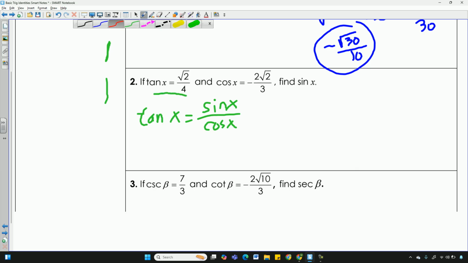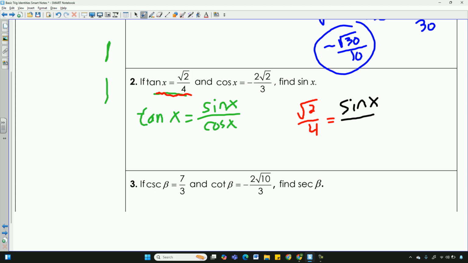Let's use red. So root 2 over 4 would equal sine of x, which we don't know, that's what we're trying to find, over cosine of x, which we do know, negative 2 root 2 over 3.